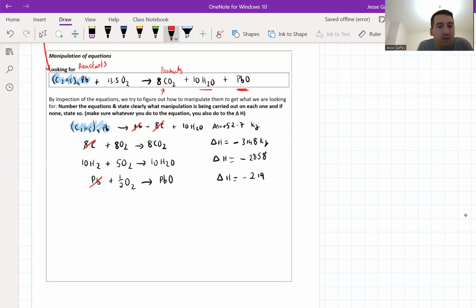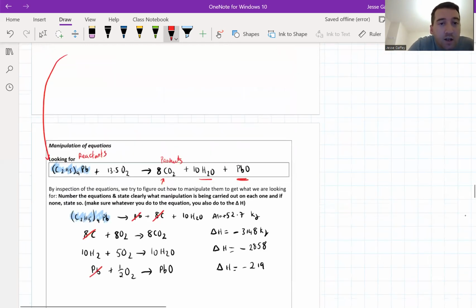And 13.5 oxygens. That must be that first reaction. Did I take that down wrong?